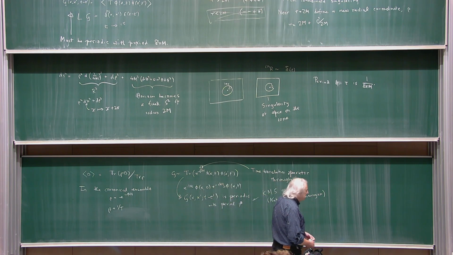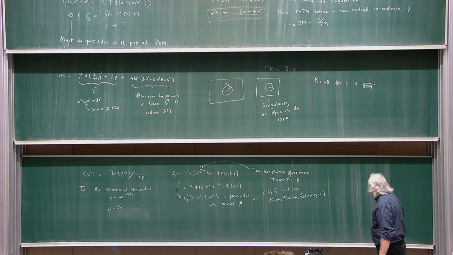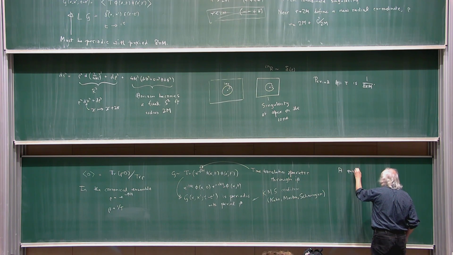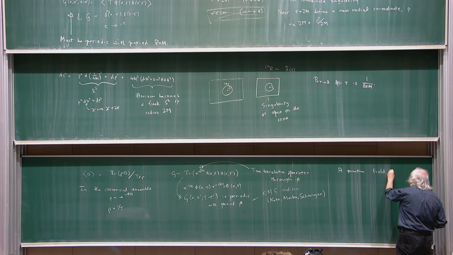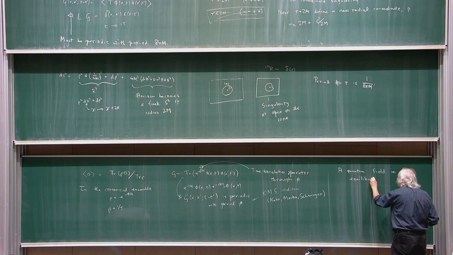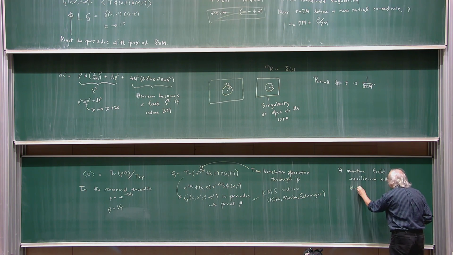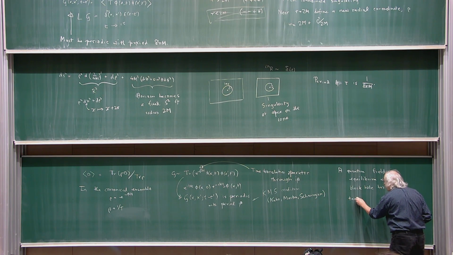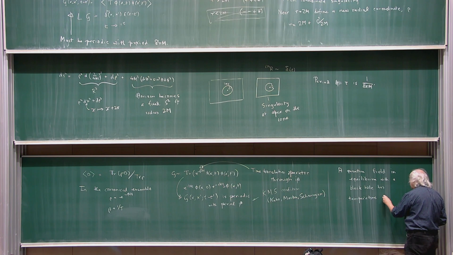So this tells you that if you have a system in equilibrium with a black hole, it has temperature 1 over 8 pi m. So a quantum field in equilibrium with a black hole has temperature 1 over beta.